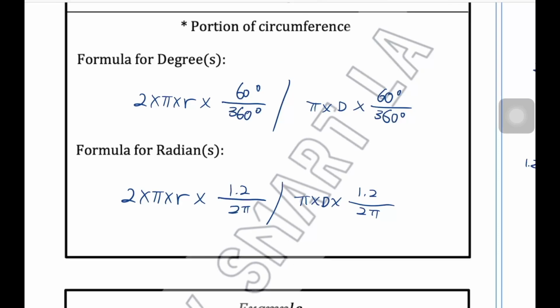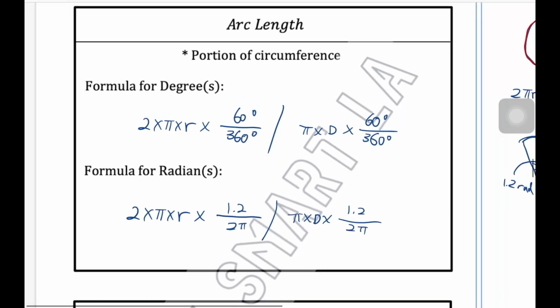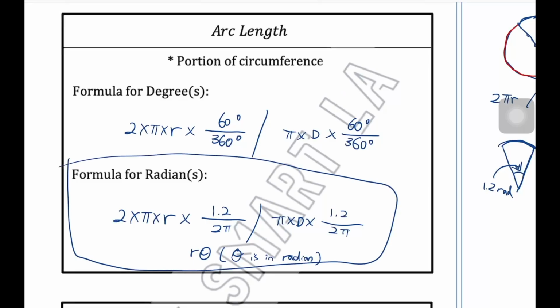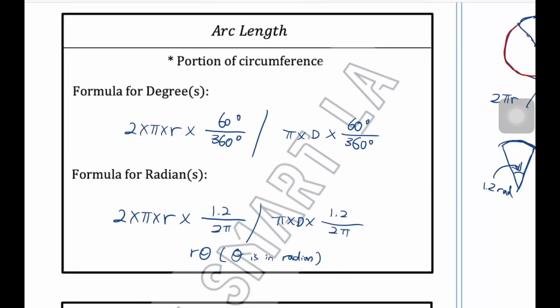The reason for not memorizing that the formula for arc length is just r theta is that r theta can only work if your theta is in radian. That means r theta can only be used in this section, where you are finding the arc length when your angle is in radian.